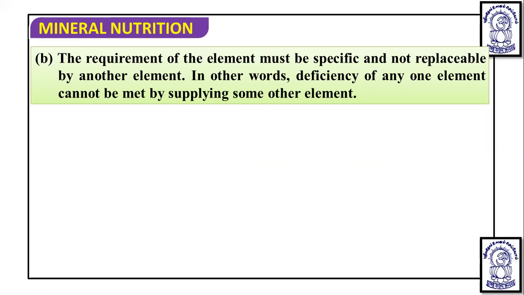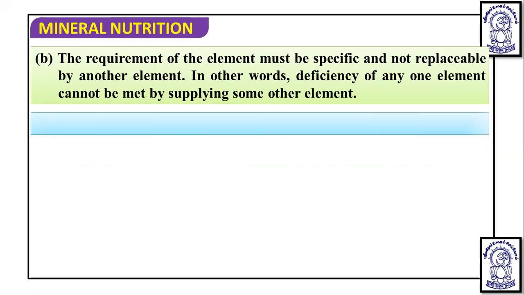Then iron is not able to meet the deficiency of magnesium. To recover from magnesium deficiency, we have to supply magnesium. The requirement is specific and not replaceable by another element.